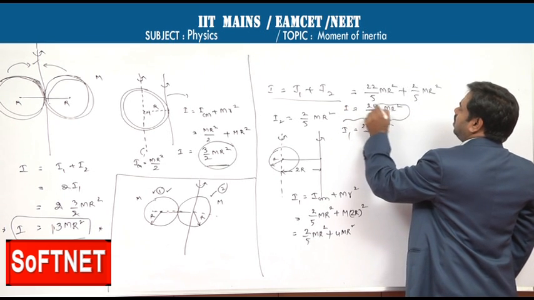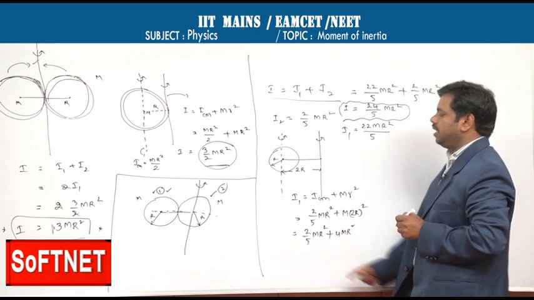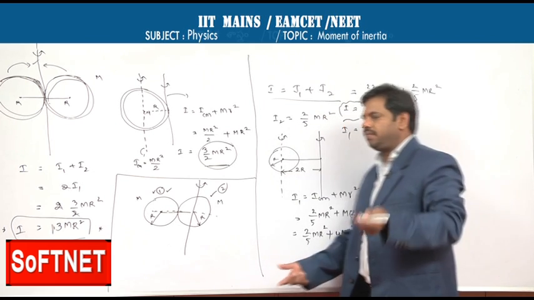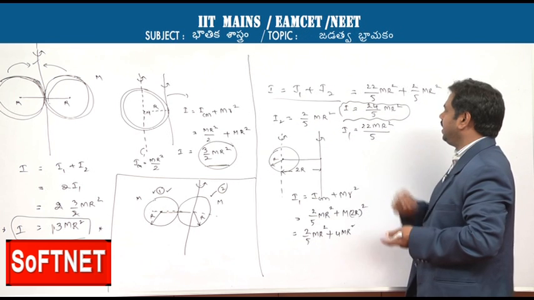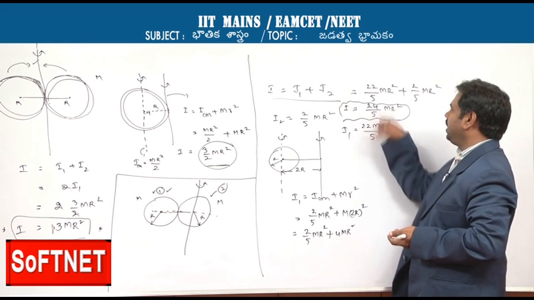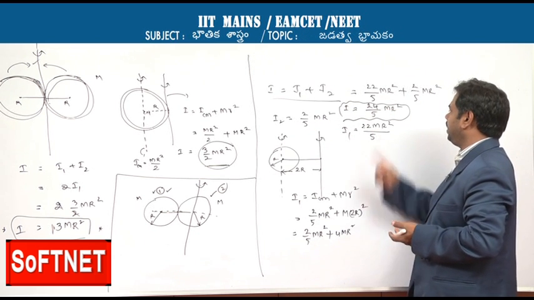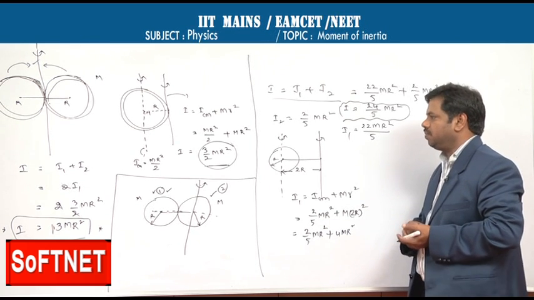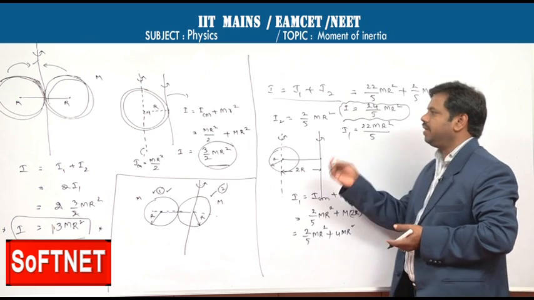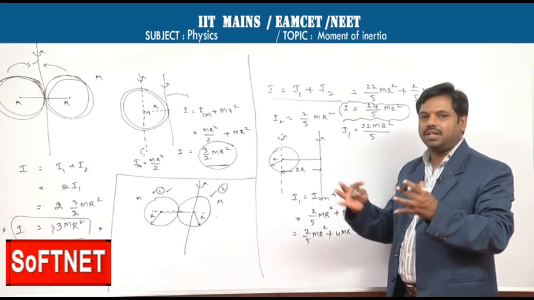Of course, if you are asked the radius of gyration about this axis, we can simply find out, this may be equated as mk square, m gets cancelled, k is equal to under root of 24 by 5 into r square. This is the way of finding the moment of inertia of different rigid bodies when they are combined.